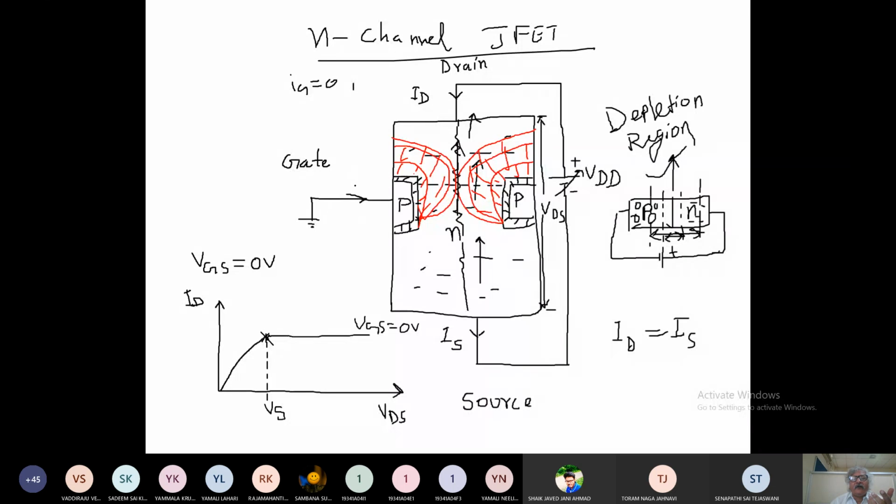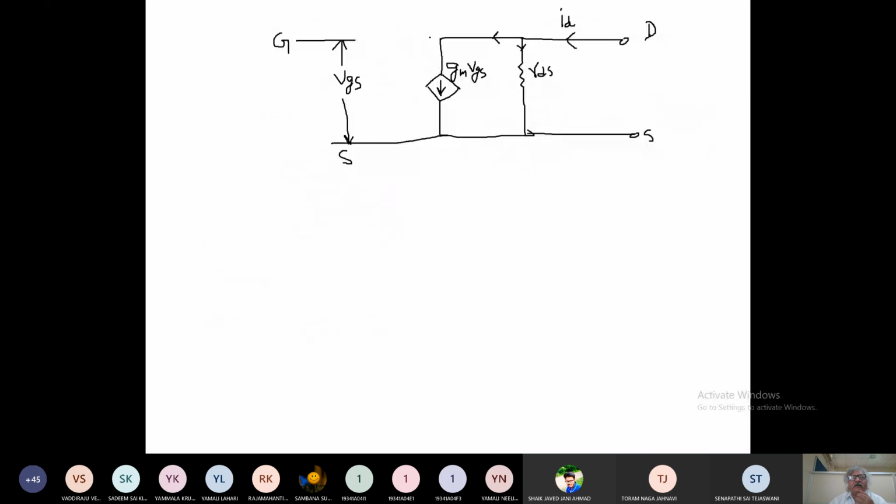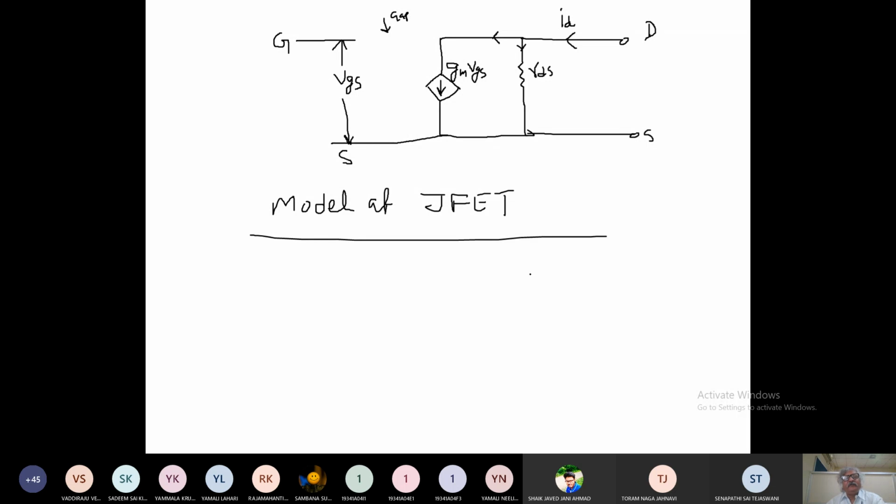This heavy resistance acts as an open circuit, that's why there is a gap here. So this is the model of JFET.